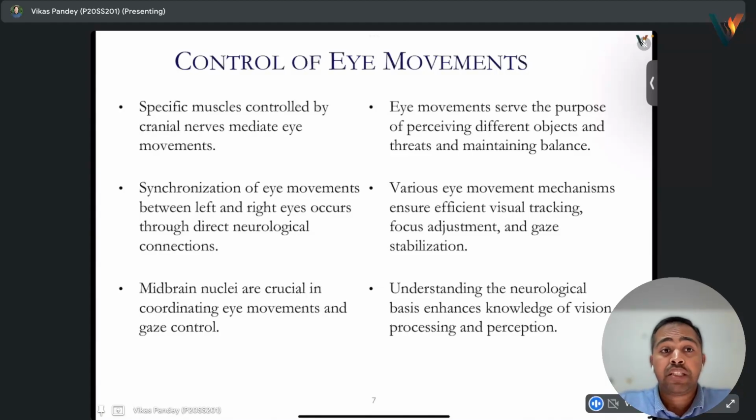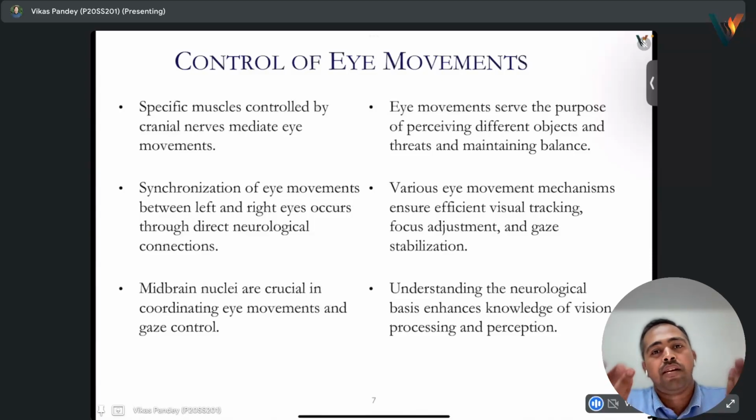So how are these eye movements actually done? The specific muscles that are controlled by cranial nerves mediate the eye movement. Okay, the synchronization of left and right eye occurs through direct neurological connection.